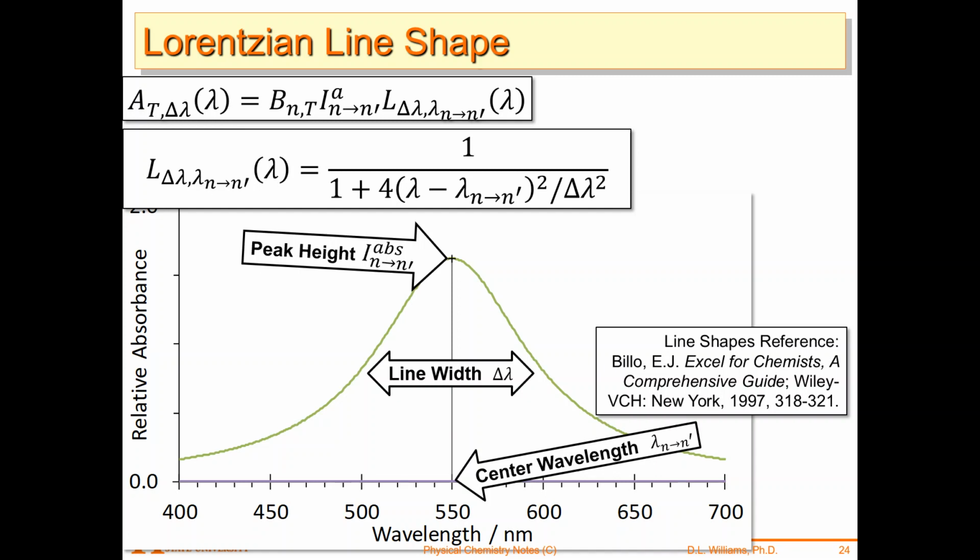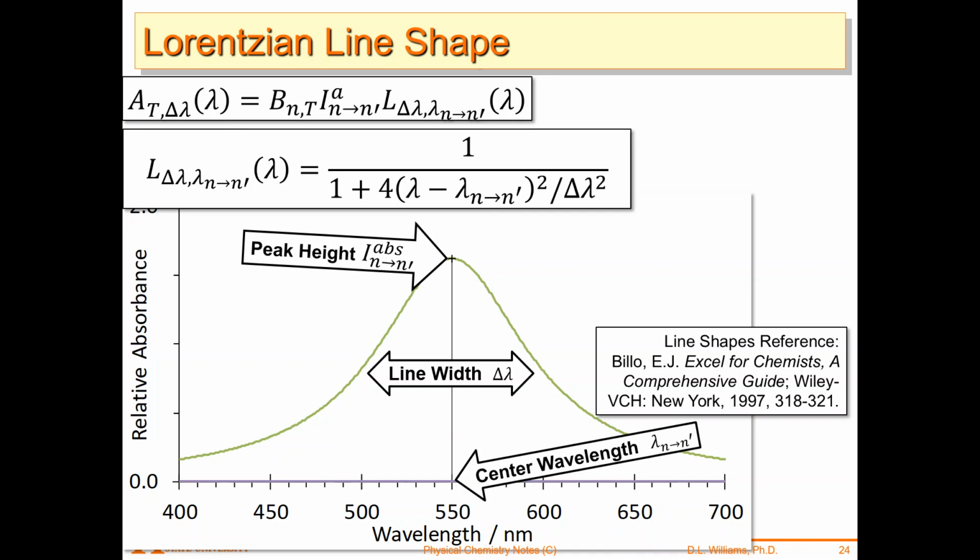Uncertainty related to Planck's constant over 2 pi. Okay, so that uncertainty relationship tells us we don't exactly know where those energy levels are, but if we had a super high resolution spectrometer, it would not go to 0. Okay, the width of this peak has a natural limit, and the natural limit for the location of this orange transition is the Lorentzian line shape.